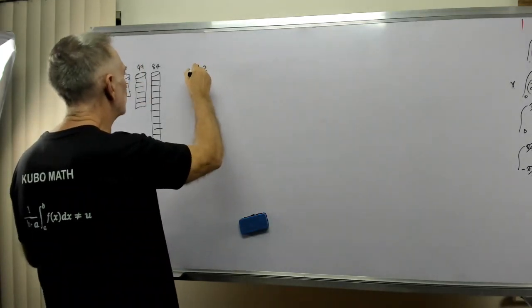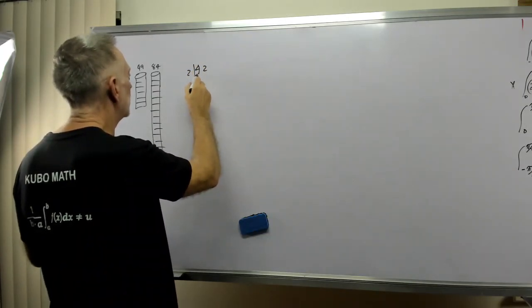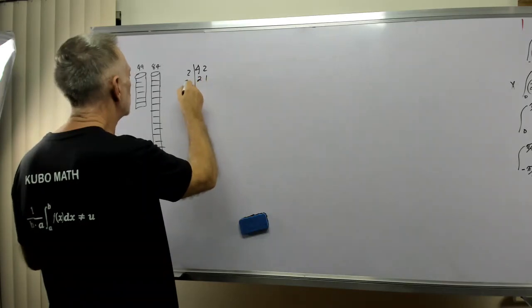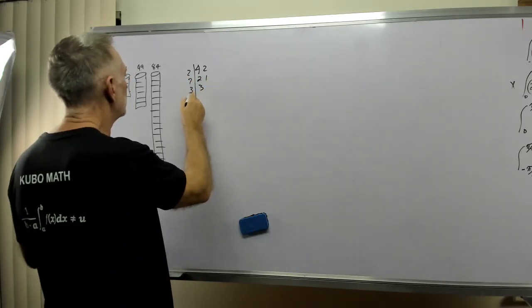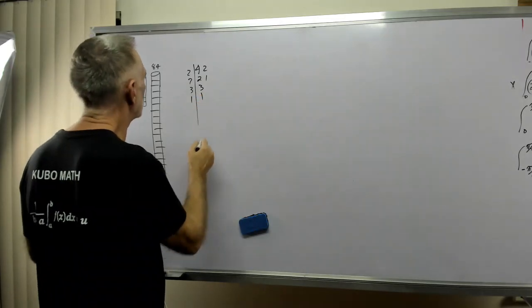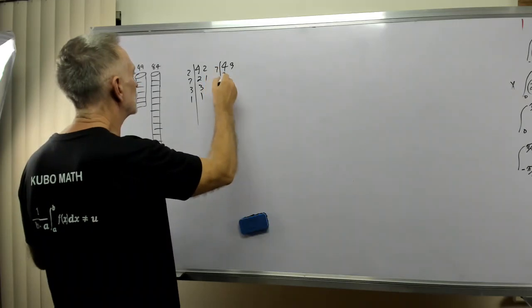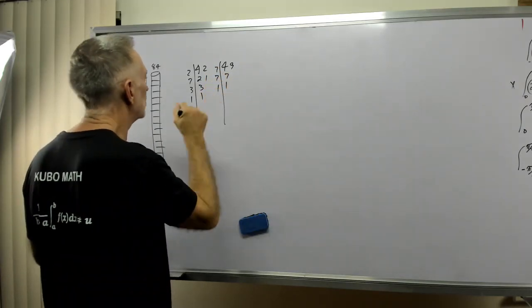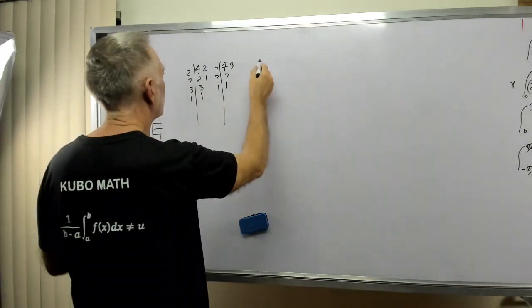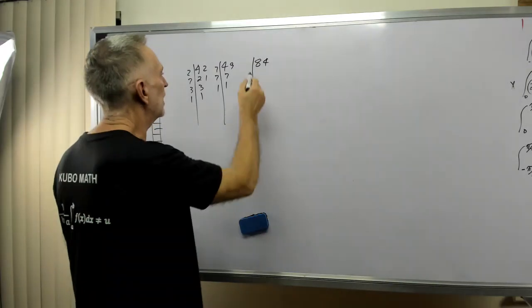So what are the factors of 42? Well, 42 divided by 2 would be 21. 21 divided by 7 is 3. 3 divided by 3 is 1. Bring the 1 over. 49, let me do the same thing there. Well, 7 will go into that 7 times. 7 divided by 7 is 1. Bring the 1 over. 84. What are the factors of 84?